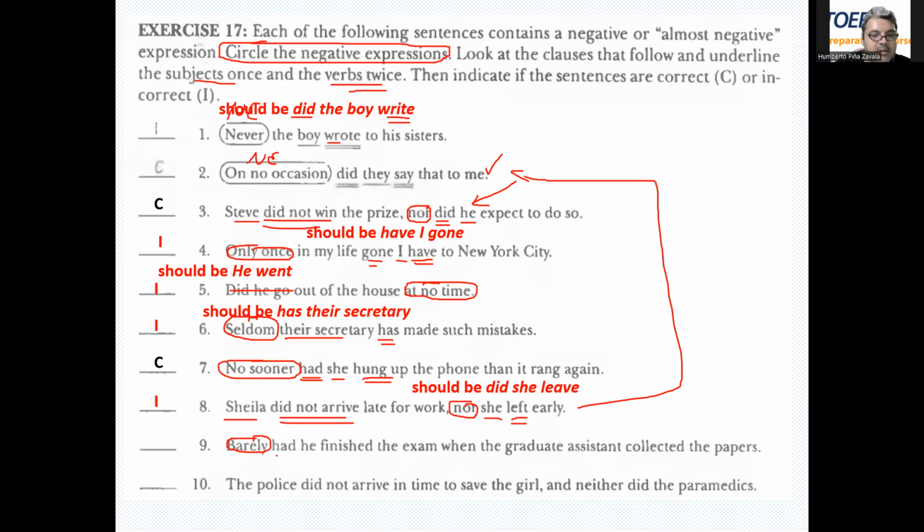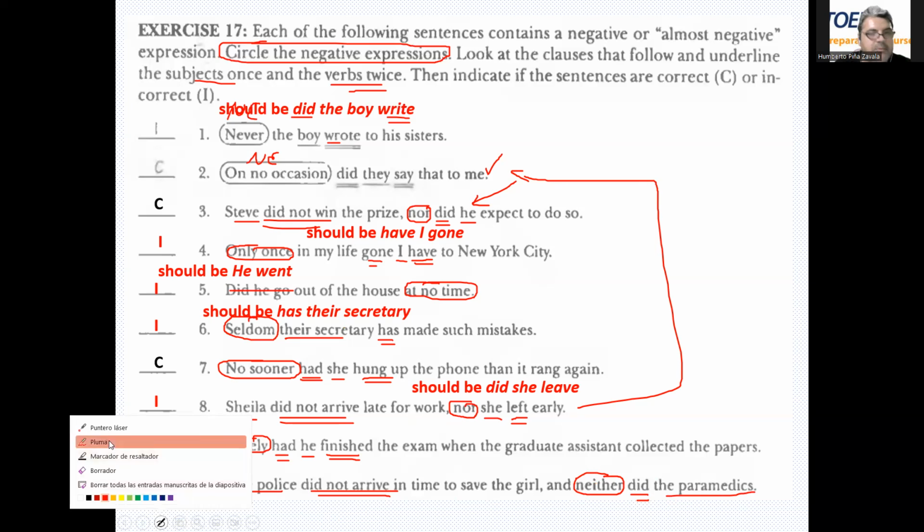Barely had he finished the exam when the graduate assistant collected the papers. So yes, it's fine. The police did not arrive in time to save the girl, and neither did the paramedics. So this is correct.